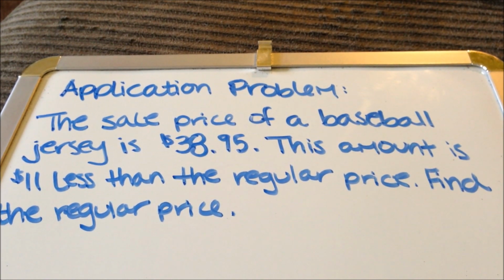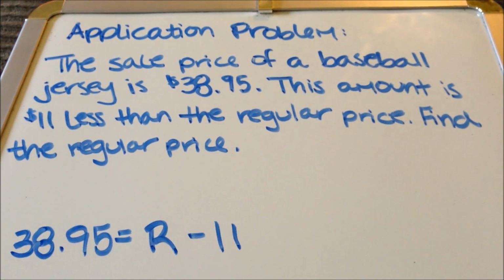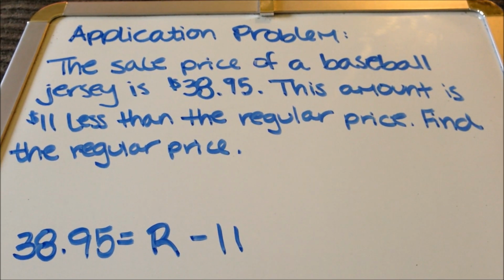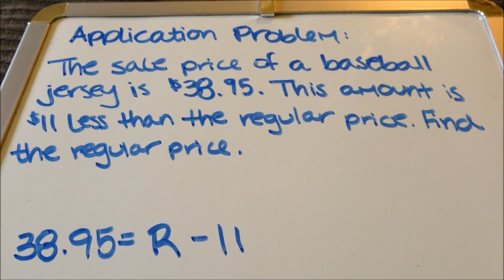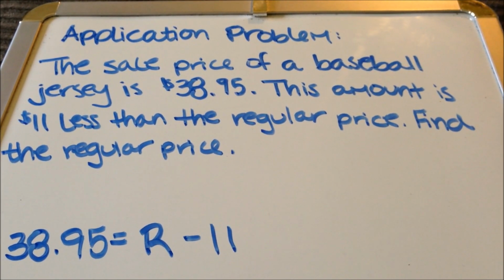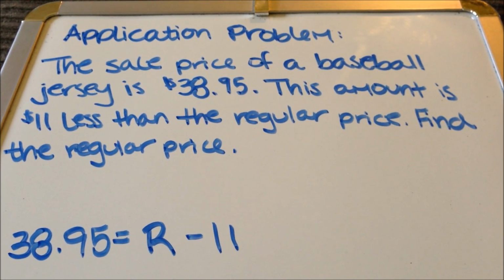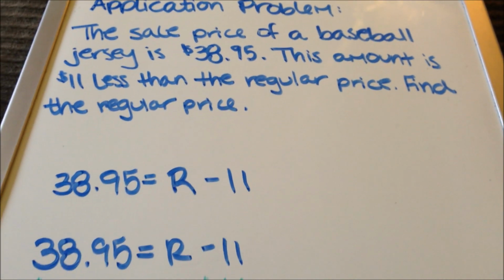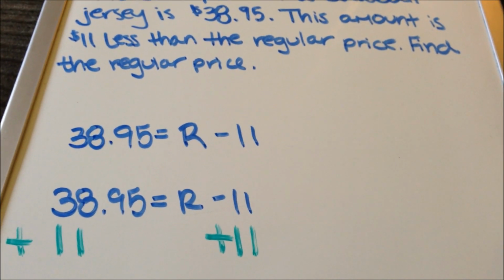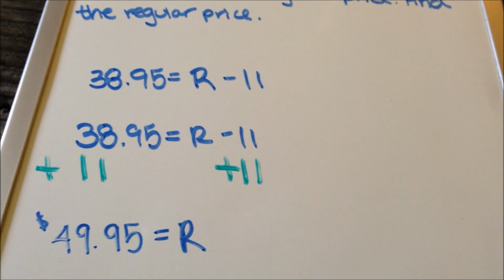Let's set up an equation: $38.95 equals $11 less than the regular price, so R minus 11. To get R, the regular price, by itself, let's add 11 to both sides of the equal sign. And we end up with a value of $49.95 as our regular price.